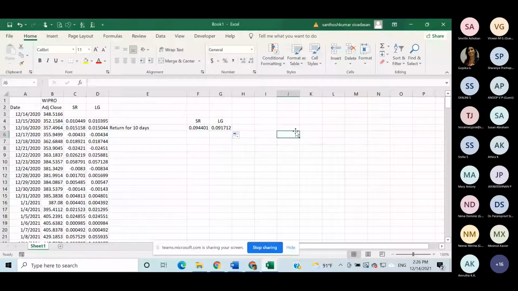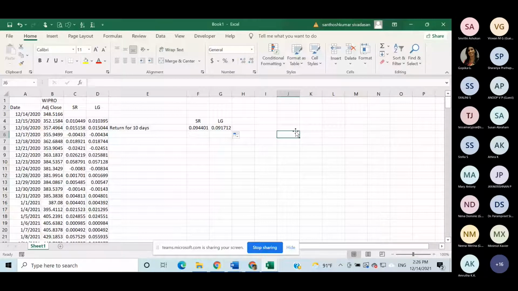I have just computed the total of the returns for 10 days, simple return and log return.